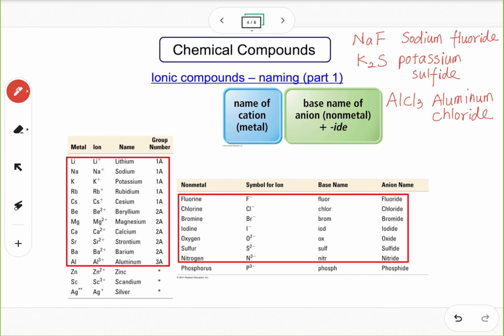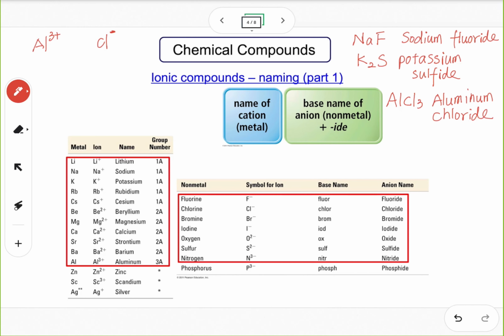If you got confused about how I came up with this formula, you can write the two ions separately. Aluminum 3 plus, chloride 1 negative charge. If you let those two ions combine to form an ionic compound, the formed compound should be neutral.